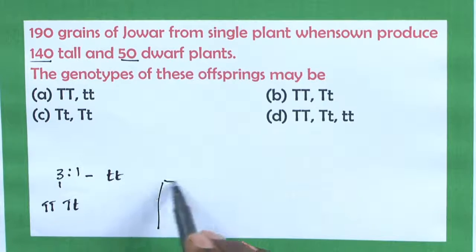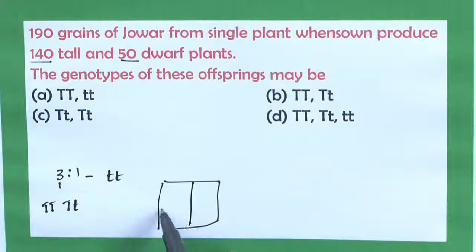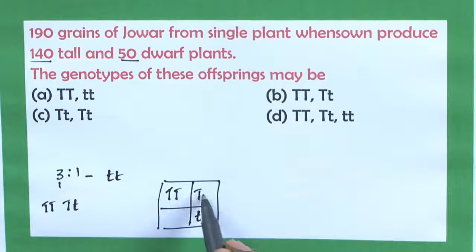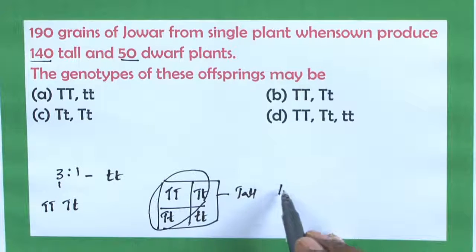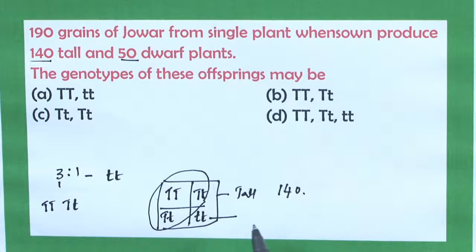When you consider the F2 generation, out of 4 plants, the homozygous dominant is capital T capital T, the homozygous recessive is small t small t, and there will be 2 heterozygous, capital T small t. All 3 are tall plants, and according to this question the tall plants are 140 and the homozygous dwarf plants are 50. So it approximately comes to a 3:1 ratio.